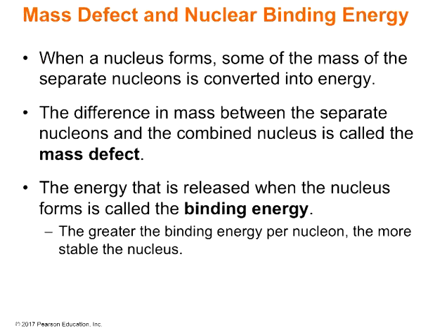So when a nucleus forms, some of the mass of the separated nucleons is converted into energy. The difference in mass between the separate nucleons and the combined nucleus is called the mass defect. The energy that is released when the nucleus forms is called the binding energy.